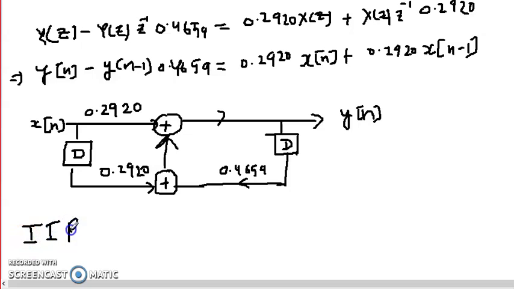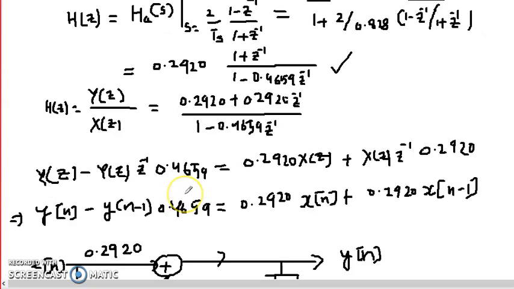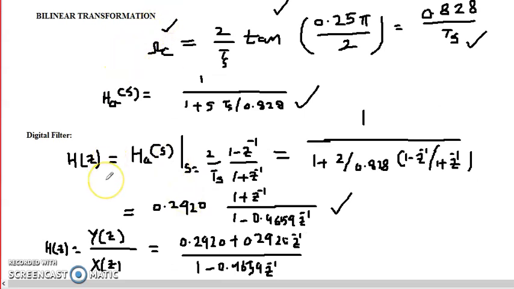There is a feedback from output to input, hence it will have infinite impulse response. Therefore this kind of design is referred to as IIR digital filter design. So bilinear transformation and impulse invariant transformation are examples of IIR digital filter design.